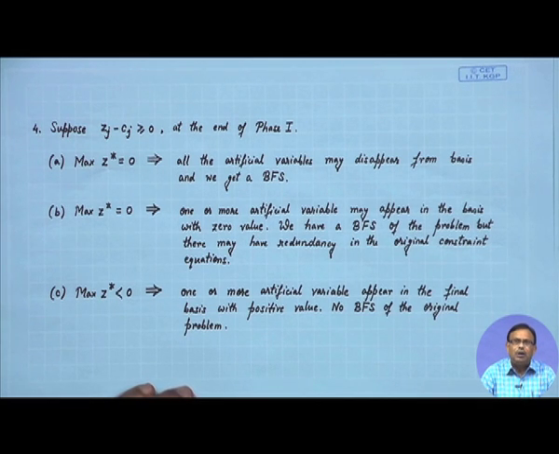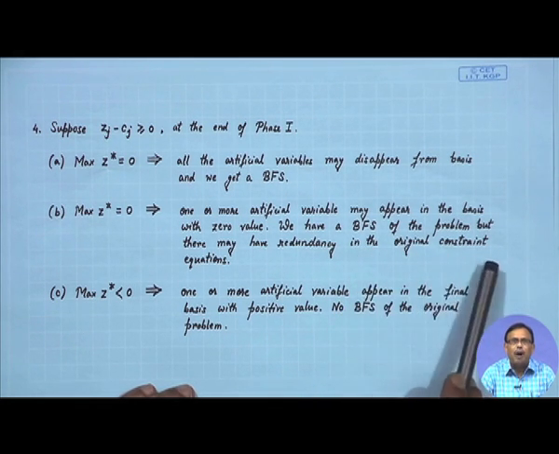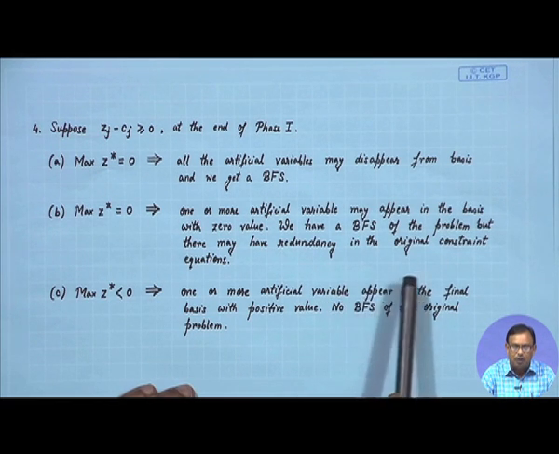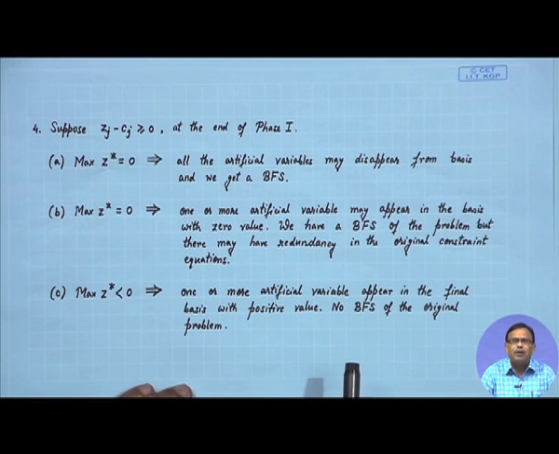But your values of all artificial variables are 0, yet one artificial variable is still in the basis, that is, still a basic variable. That means we have a basic feasible solution of the problem, but there may be redundancy in the original constraint equations. That means whatever constraints we have used, there may be redundant constraints, meaning if we had not written one constraint, then also my problem would not have been affected.